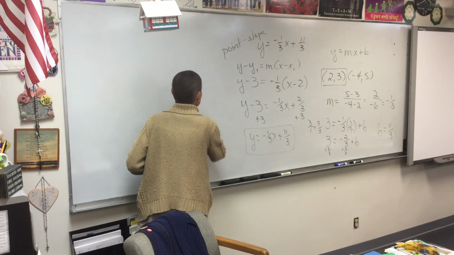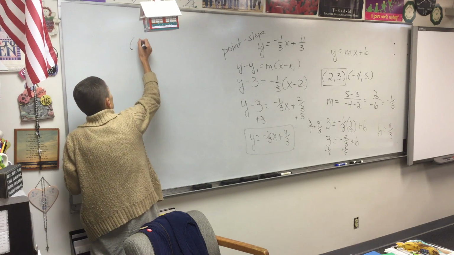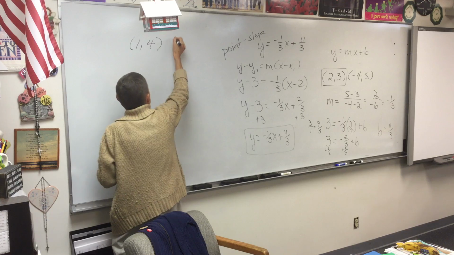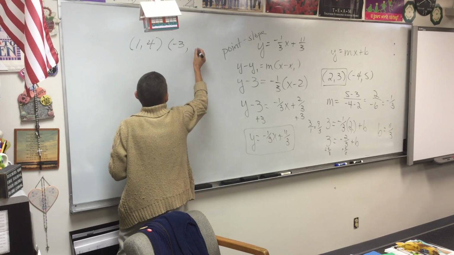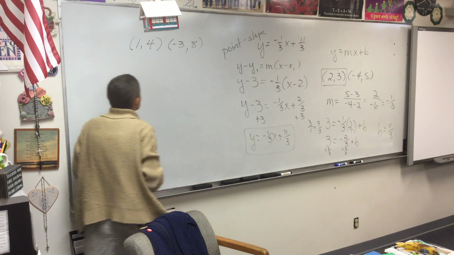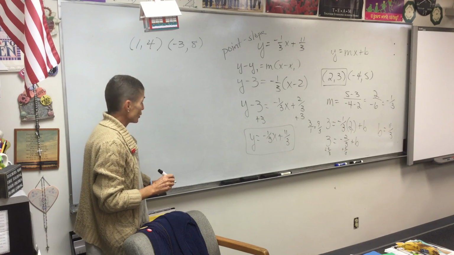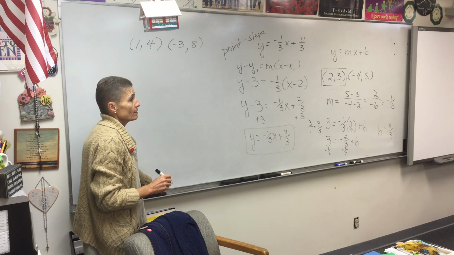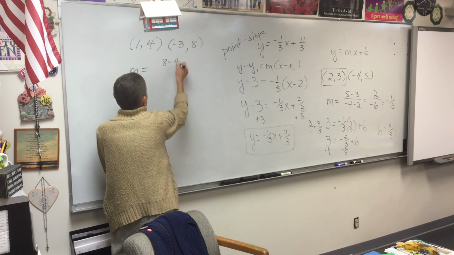Okay, so we're going to try one more, and you do it however you want. You do it your own way, but I want you to write the equation of the line through these 2 points, (1, 4) and (-3, 8). Write the equation of the line through those 2 points, doing whatever method makes you happiest.